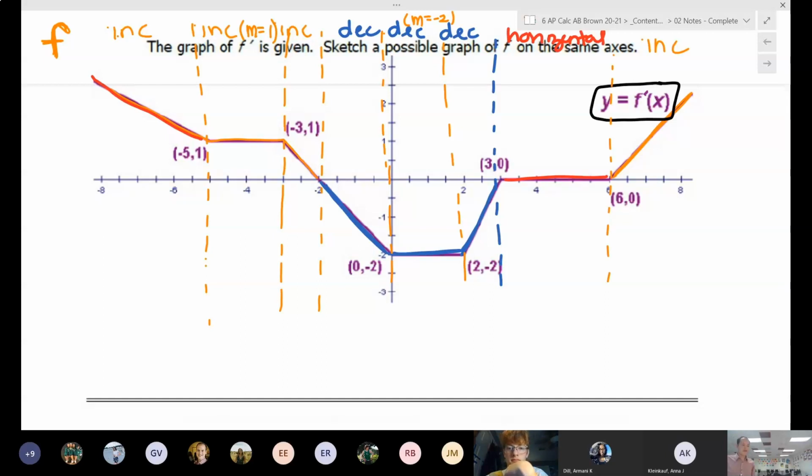Concave down. So again, we want to keep things separated. When I say f prime is positive, that means f is increasing. But if I say something like f prime itself is increasing, that means the function is concave up. So whenever my derivative is going down, my function is going to be concave down.